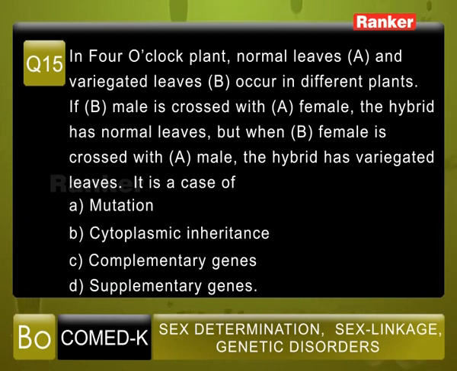But when B female, that is a variegated female, is crossed with A, that is a normal male, the hybrid has variegated leaves. It is a case of A, mutation, B, cytoplasmic inheritance, C, complementary genes, D, supplementary genes.